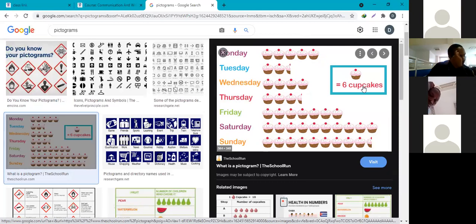Linet, can you see that? Yes, I can see it. Now these are called pictograms. Look at Tuesday. On Tuesday we have 2 cakes and a half. So this means that these are how many cakes? Remember, 1 cupcake is equal to 6 cupcakes. So how many cupcakes are 2 and a half?